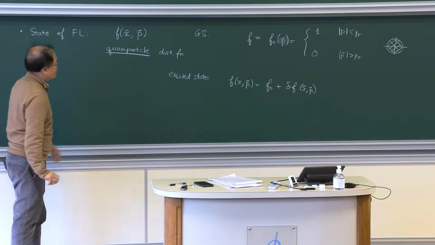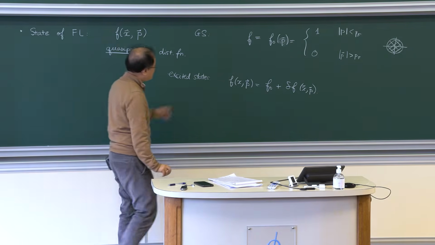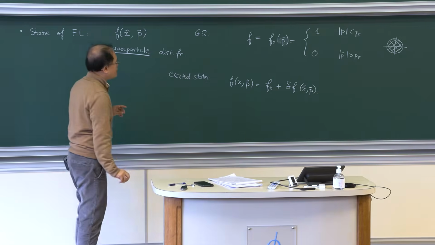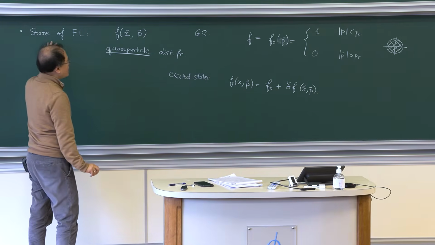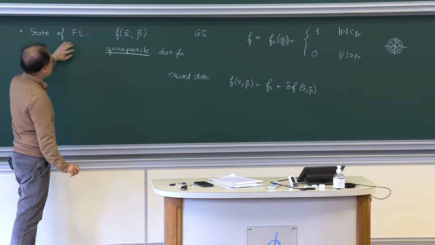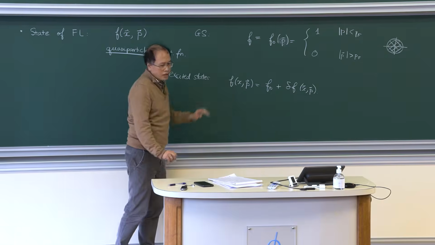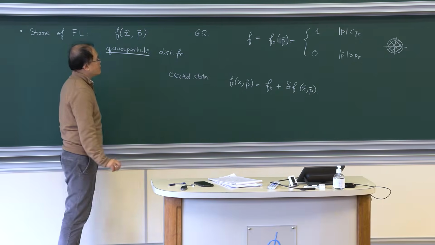So this is the second assumption of Landau theory, and we will see why it's important. We can describe the excited state of a Fermi liquid in terms of a distribution function of quasi-particles.